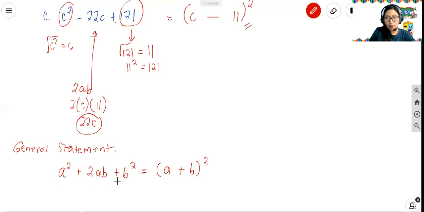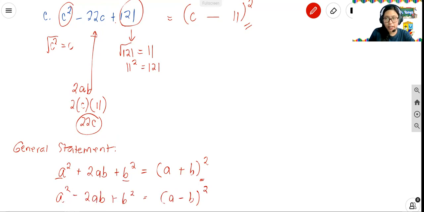So if this is how your pattern looks like, perfect square the first and the last, and the middle term is twice this, the product of the square root of the first and the last, then this is your factor. If the format of the given is like this, then the factor is a minus b quantity squared.